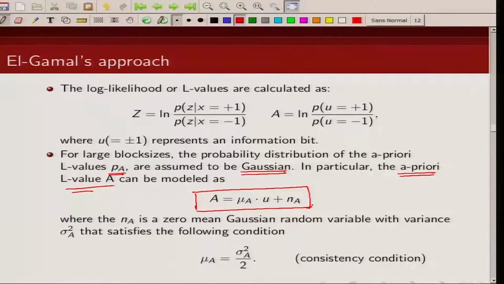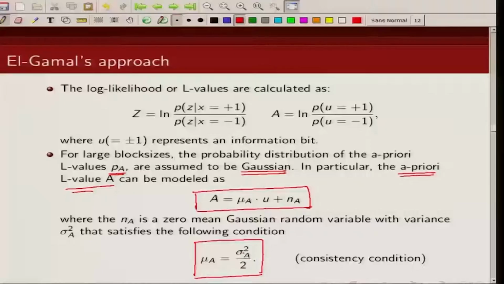So, in Al-Gamal's approach, we model our a priori information as Gaussian and generate it like this: A is mu A times the input plus some Gaussian noise, and they have also observed what they call consistency conditions. So, they assume the mean and variance are related in this particular fashion. If you make this Gaussian assumption and assume that mean and variance are related, then you essentially need to track only one parameter.